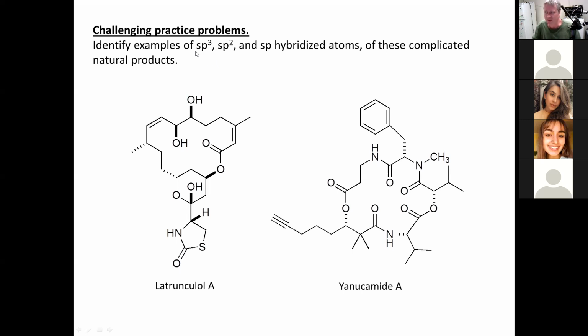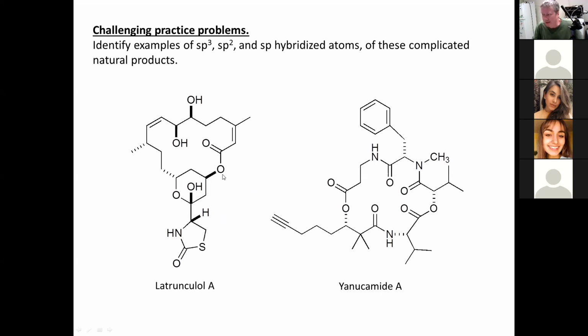Okay, what are sp3? Well, there's tons of sp3 also, like the CH3. The dash means it's going away. The wedge means it's coming towards you, right? So yeah, sp3, sp3, sp3. I'm not going to go through all of them.